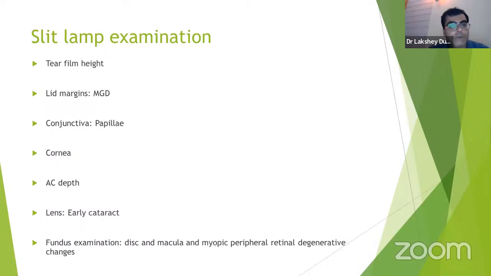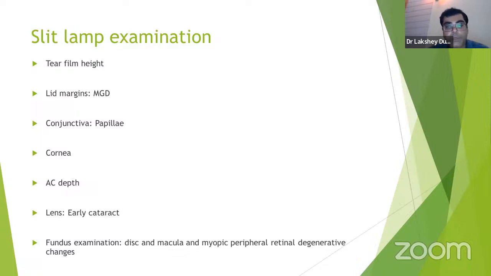Slit lamp examination: we should assess tear film height, lid margins to look for meibomian gland dysfunction, conjunctiva to rule out papillae, and cornea for any scar.